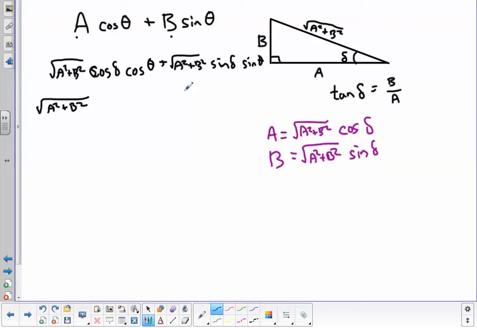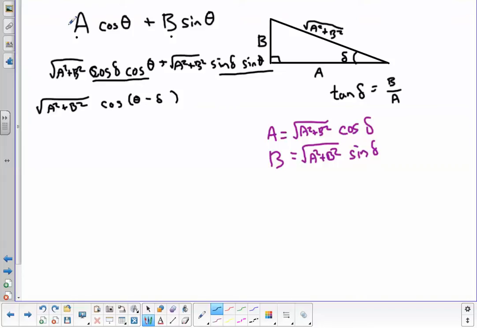It's a lesser known but still pretty common trig identity that says that this plus this is equal to a single cosine of the difference between these two. So theta minus delta. It doesn't matter which one you put first or which one you put second. I could do delta minus theta as well. Cosine is an even function, so it doesn't matter.